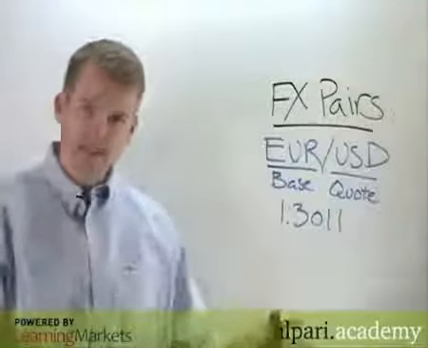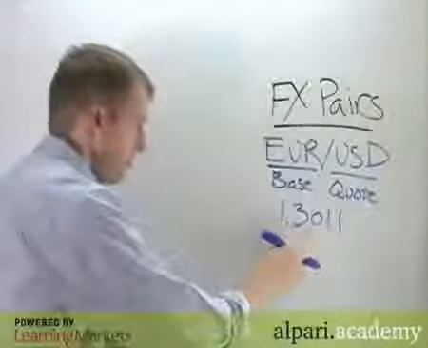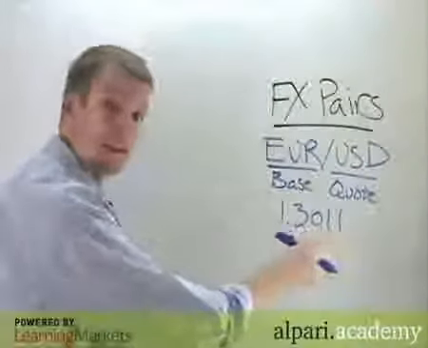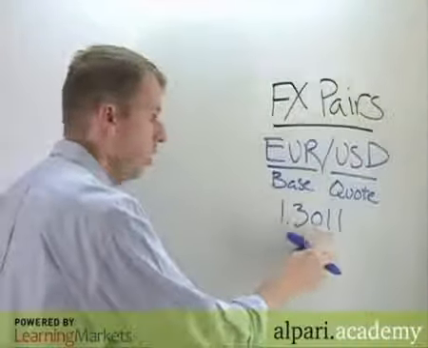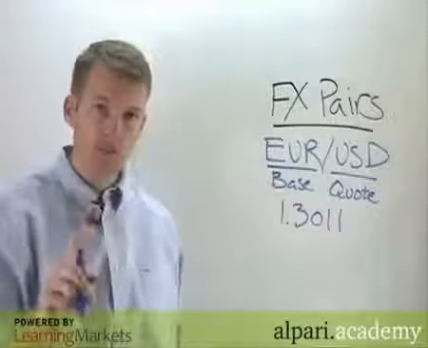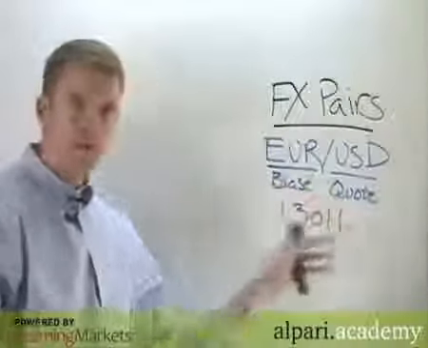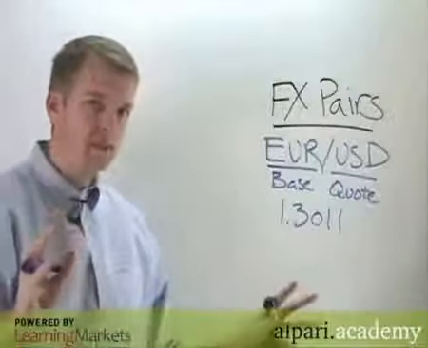And what that means is that currently it costs $1.30, and then even a little extra, so $1.3011 to buy 1 euro. And no matter what currency pair you're looking at, they all work like this. So this is one way to keep this straight.